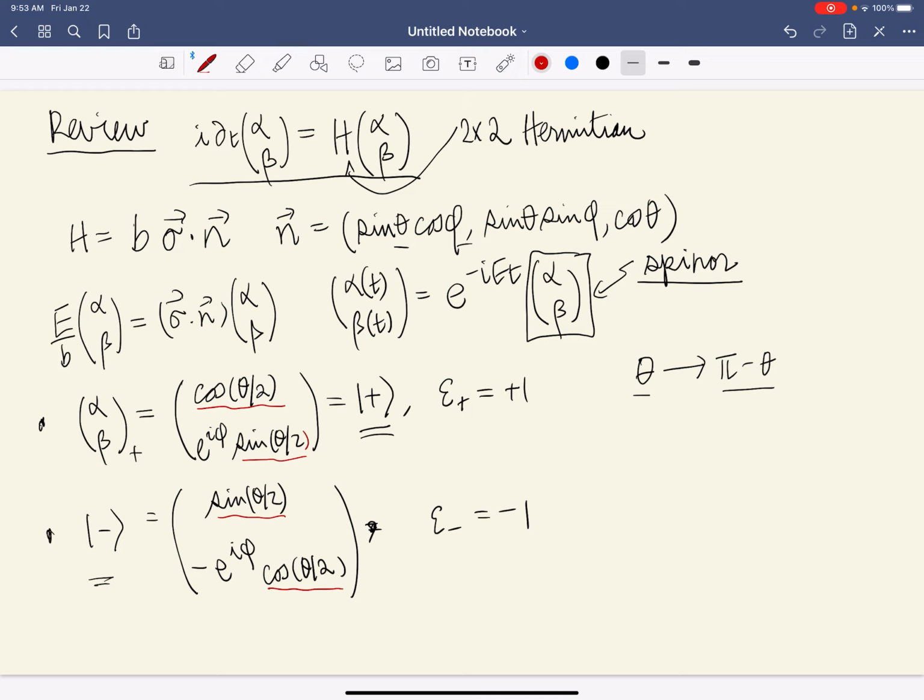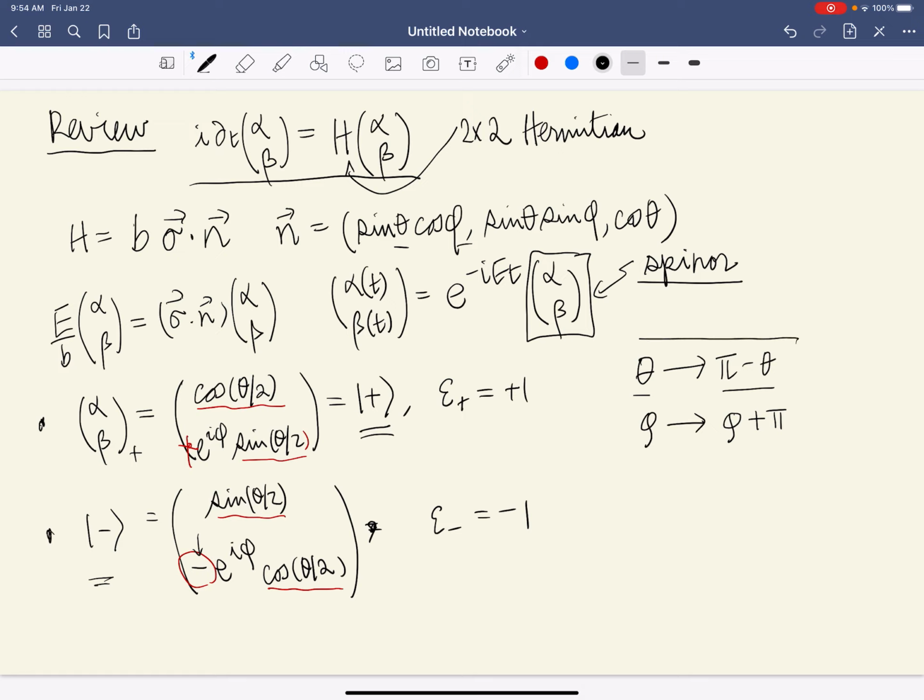Okay? And now the other thing you have to take care of is this appearance of a minus sign. And that's of course quite easy. You just simply have to change phi to phi plus pi. Then that will put out an extra phase factor, which is minus 1.